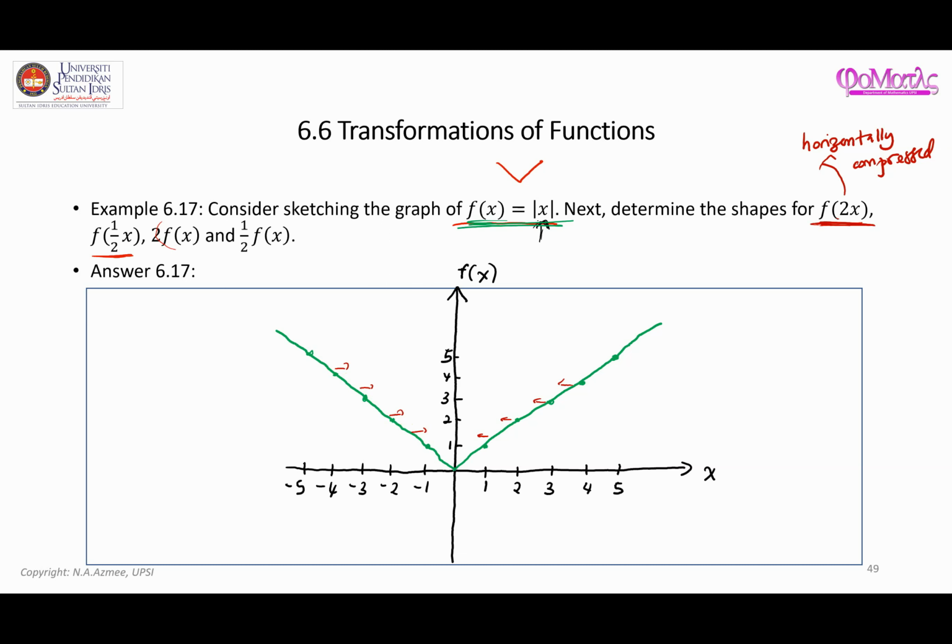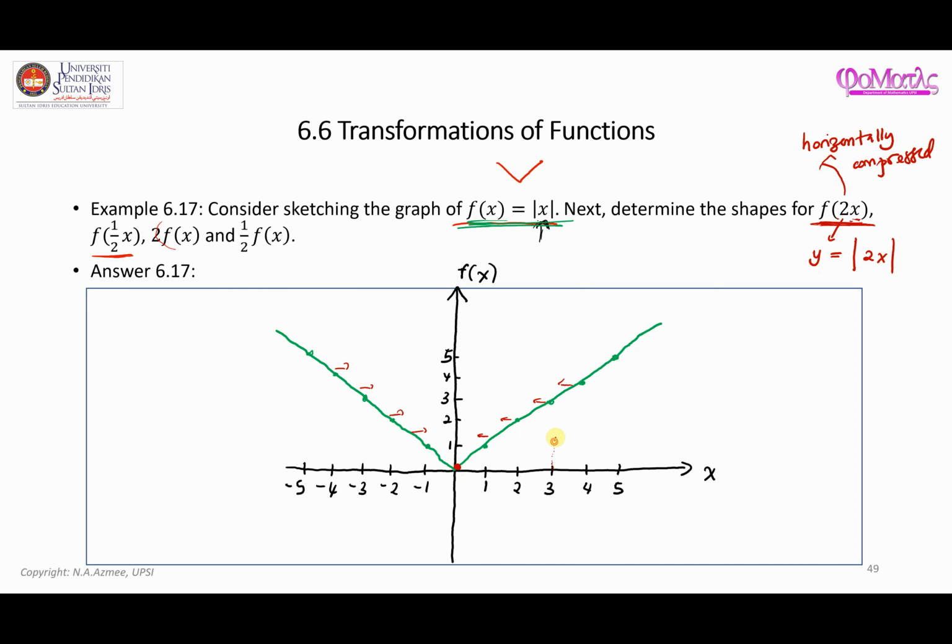Now I'm going to start choosing points that will be helpful in sketching the graph. The first one is I'm going to start with point 0. If x is 0, this function is basically saying that I will be having y equals absolute value of 2x. So if x is 0, I will have y equals 0. And maybe I'm going to choose point x equals 3.